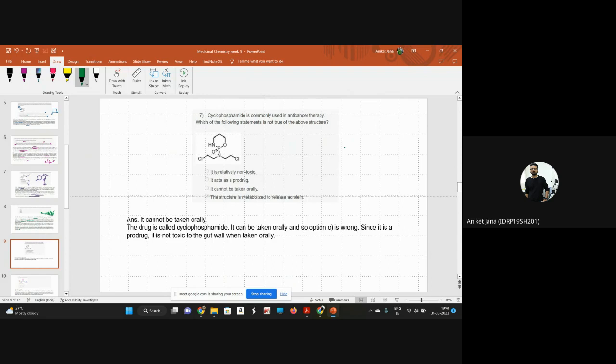Cyclophosphamide is commonly used in anti-cancer therapy. Which of the following statements is not true of the above structure? Mind it, it is not true. So it is relatively non-toxic.